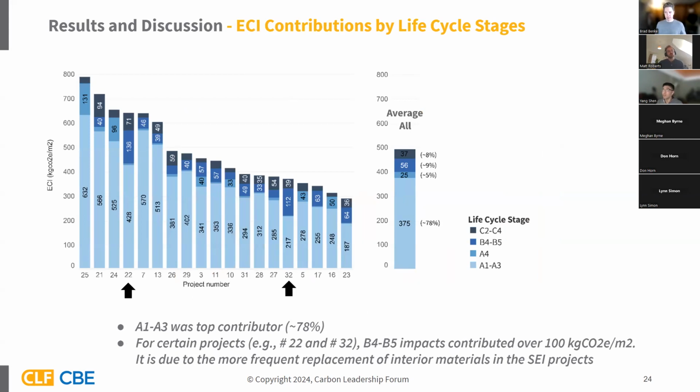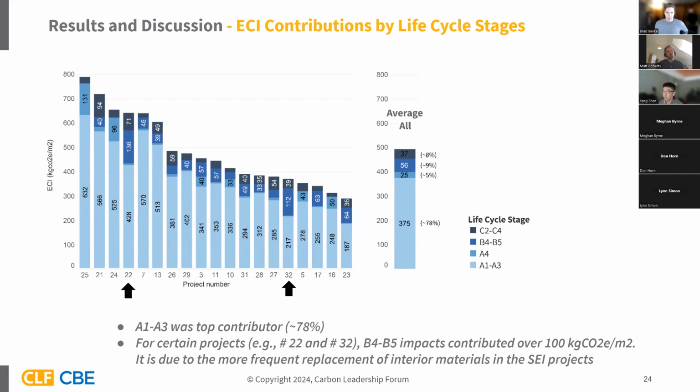And we can also demonstrate ECI contribution by life cycle stages. From this figure, it's easy to see that modules A1 to A3 were the top contributor, at about 78% of all the embodied carbon.